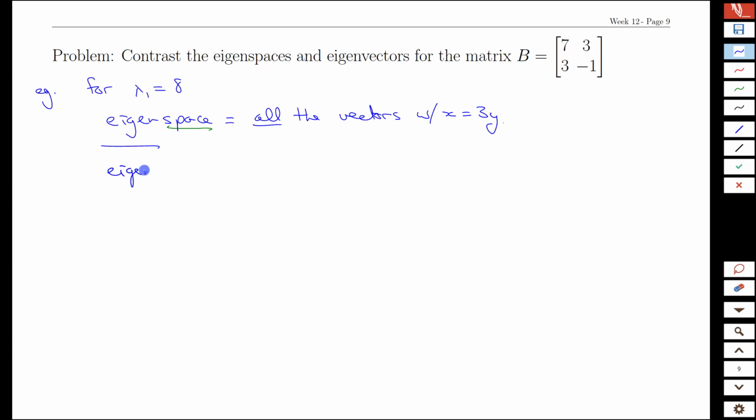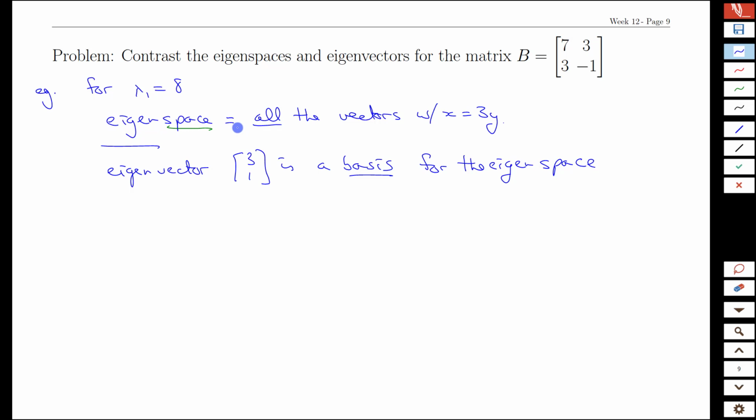The eigenvector that we found, which was 3, 1, is a basis for the eigenspace. So we're getting these same ideas coming back over and over.